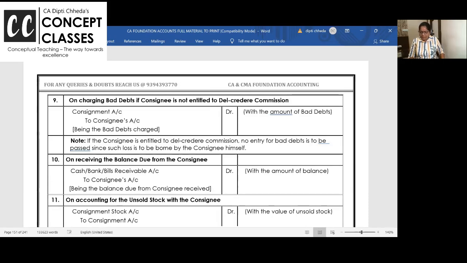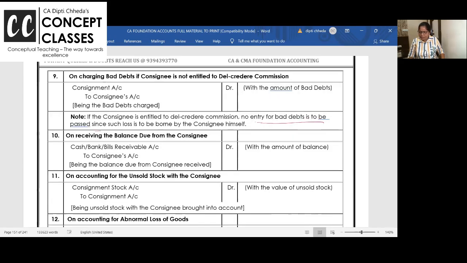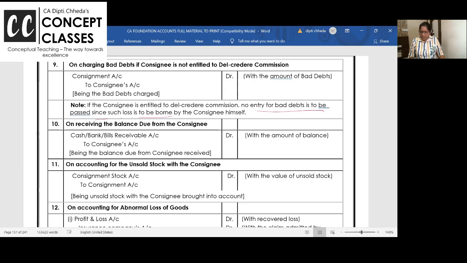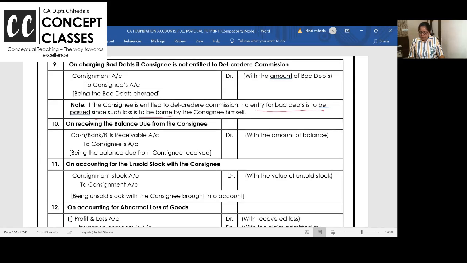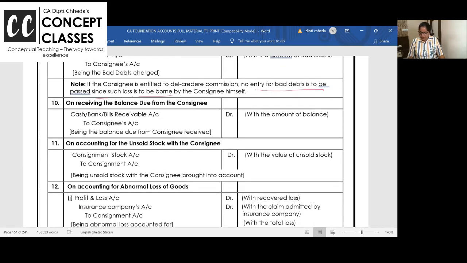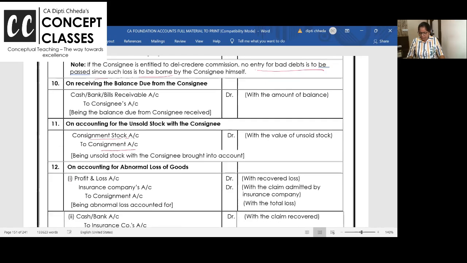Bad debt also the same. Consignment account debit to consignee. If del credere commission is paid, no entry for bad debt will be made in our books. Bad debt is your responsibility. And then bills receivable and all will mature. Finally, consignment stock account debit to consignment and profit and loss.